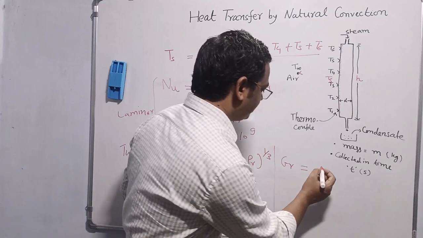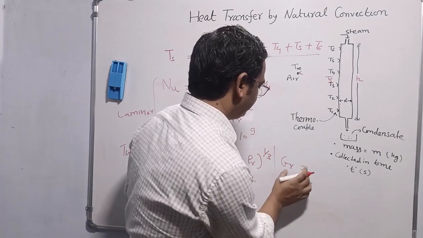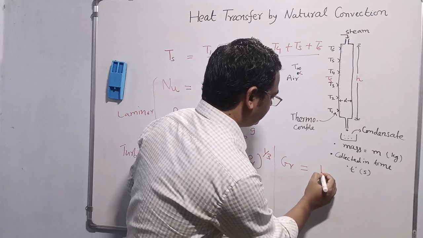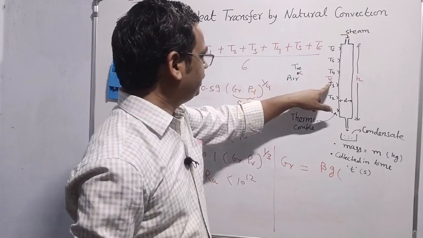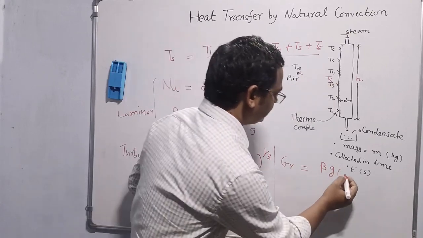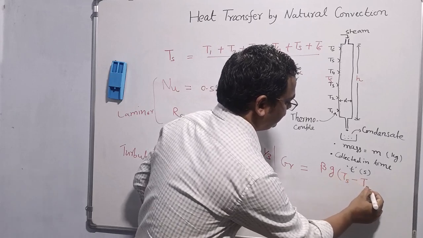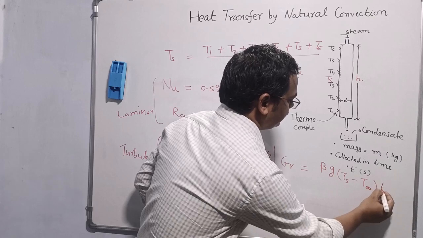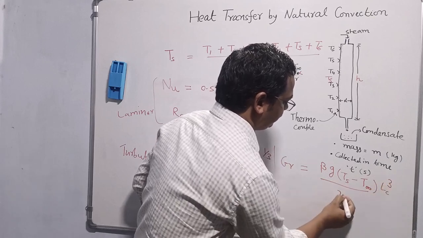So this is the ratio of buoyancy force to the viscous force, and I'll write the formula of this: beta g delta T. Delta T means temperature difference between surface and surrounding, Ts minus T infinity, times Lc cubed, divided by nu squared.